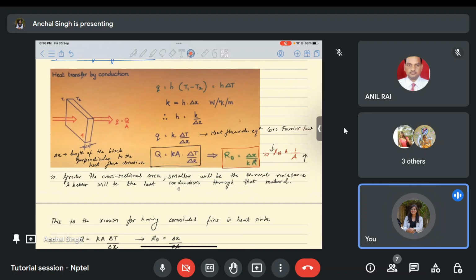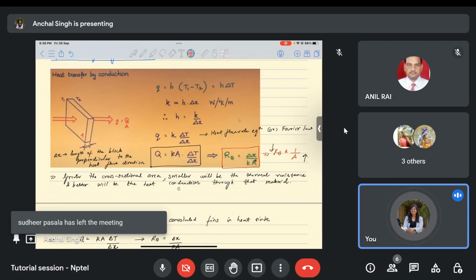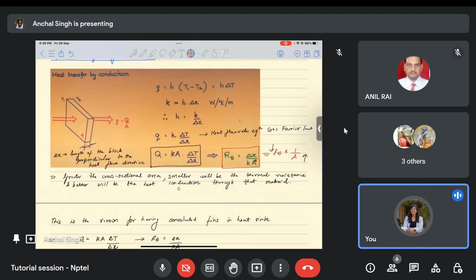So the only thing you need to understand from this part is when conduction happens, and this is the equation we need to use when we are talking about conduction: Q equals K A into delta T by delta X. And what is the significance of these parameters? What is K, what is A, what is delta X? All these things you have to remember.